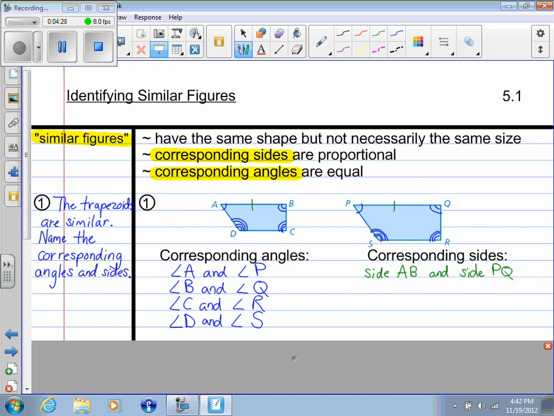I could have named them the other direction and called it side BA. If I did that, I would have to name the other one also in that same direction and call it side QP. So it's up to you which way you'd like to write it. Next, I'll look at this side over here on the right, side BC, and that corresponds to side QR.